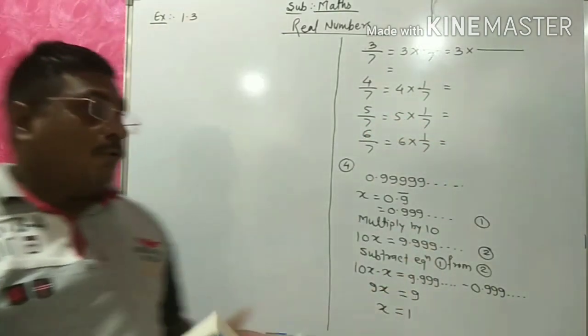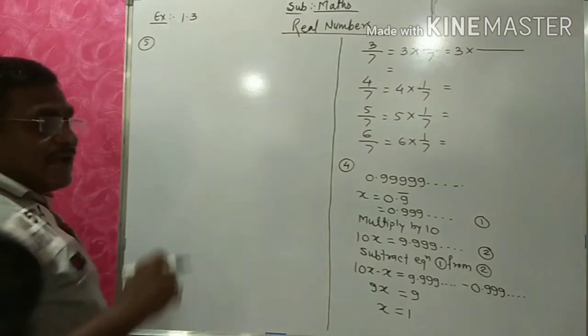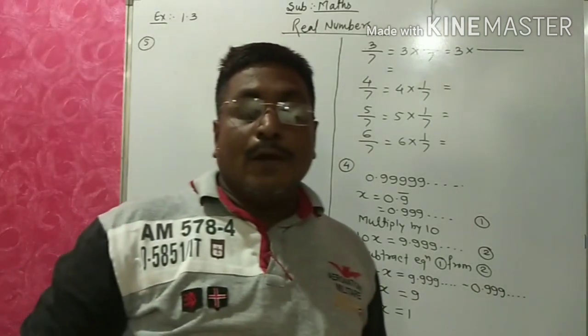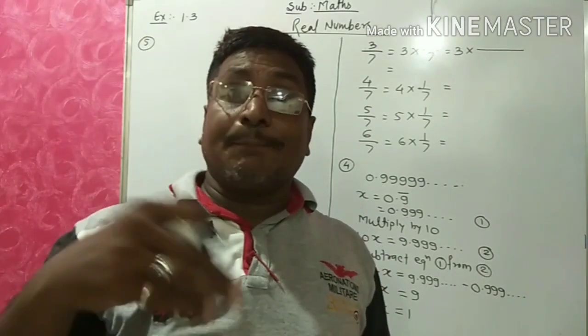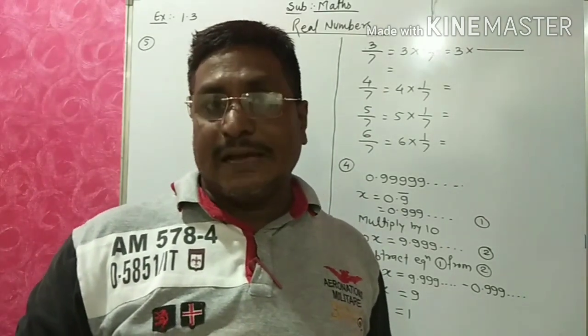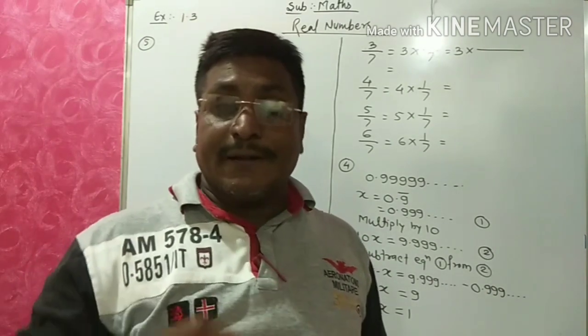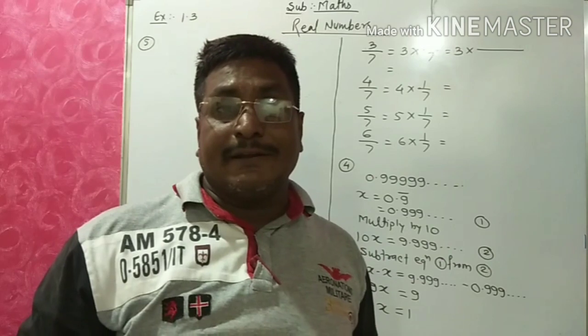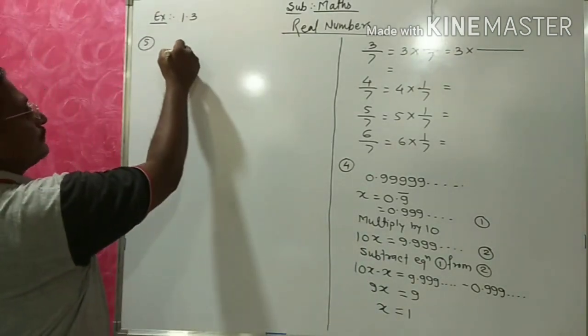So we have to perform the division. What they ask here is: after how many digits are the digits repeating?